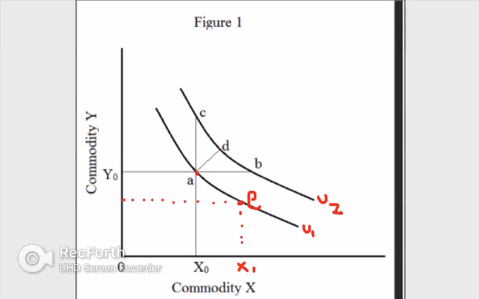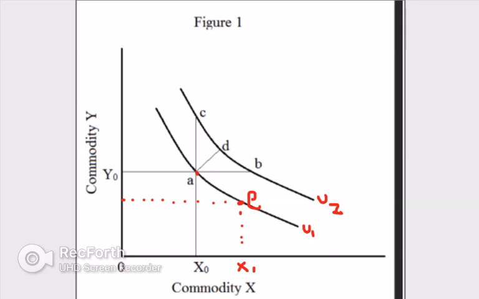However, because U1 is of lesser marginal utility than U2, because at any point on U2, he's going to be receiving more goods, isn't he? So every point on here is higher than at this point, so more is always better, so they're receiving more goods at every point on here.